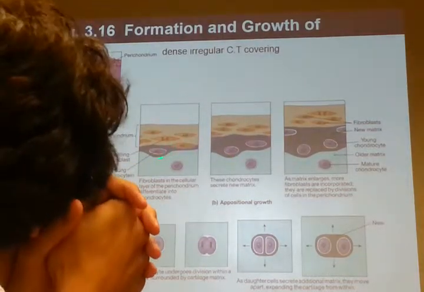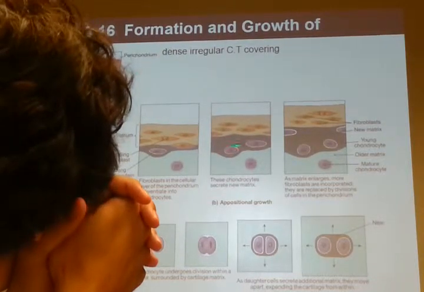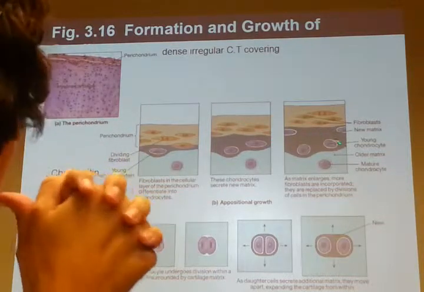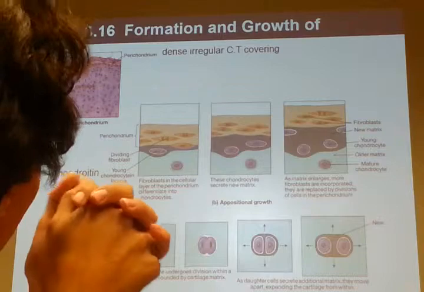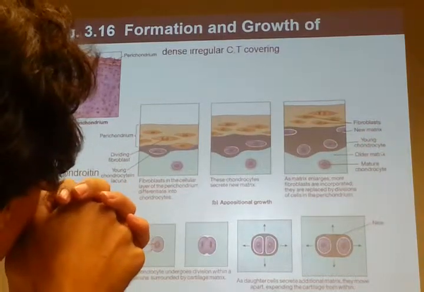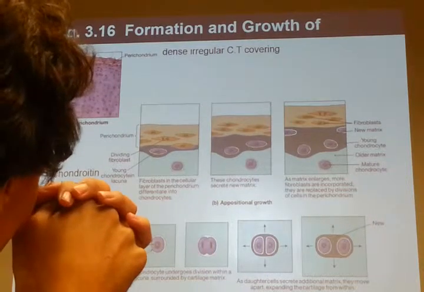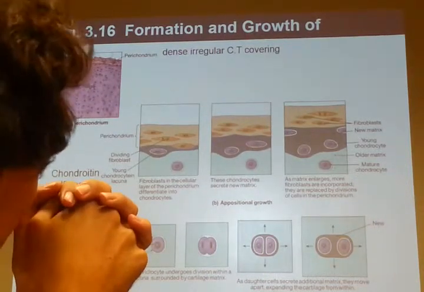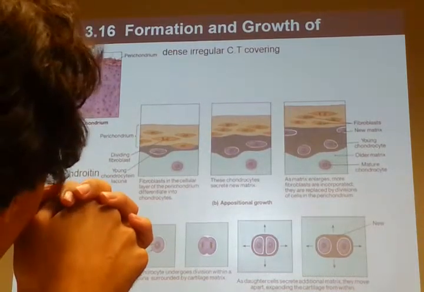The fibroblasts produce the perichondrium, and then your chondroblasts will form your cartilage. So this is called a chondrocyte already, but it is called a chondrocyte after it has secreted matrix around itself.